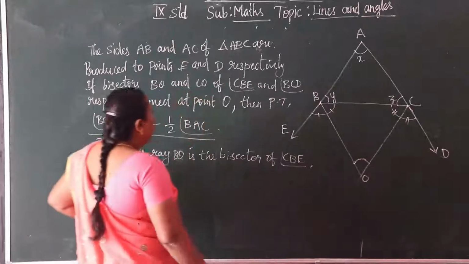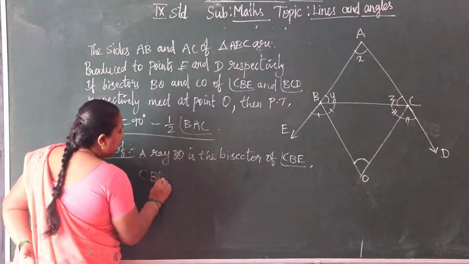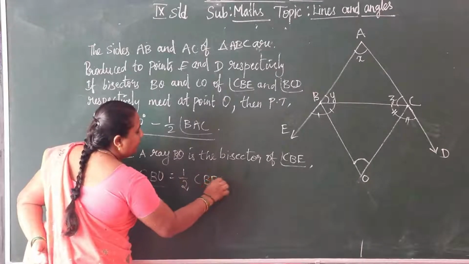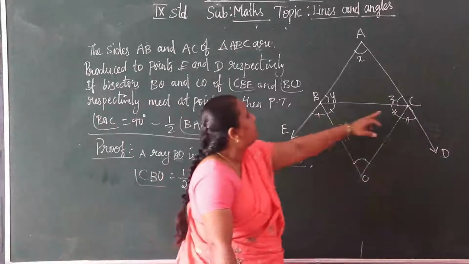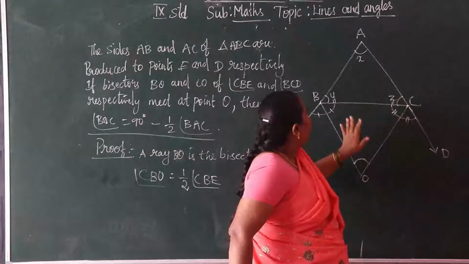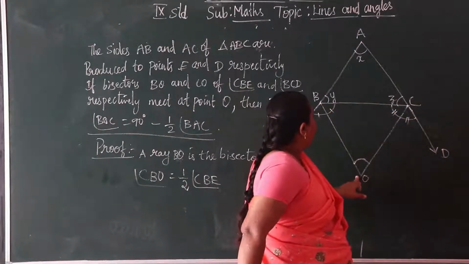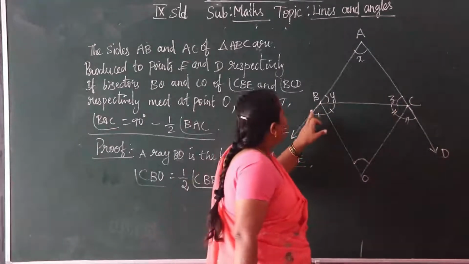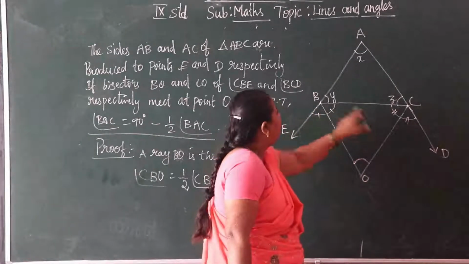Now let us find angle BOC. Angle CBO equals half of angle CBE. Since these two angles are equal, half of angle CBE is angle CBO.